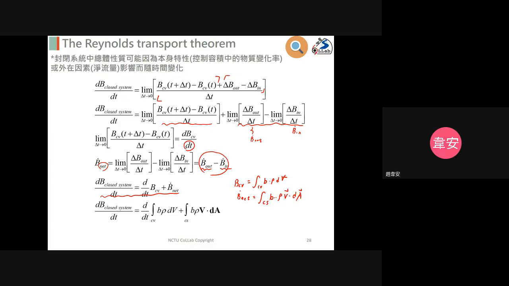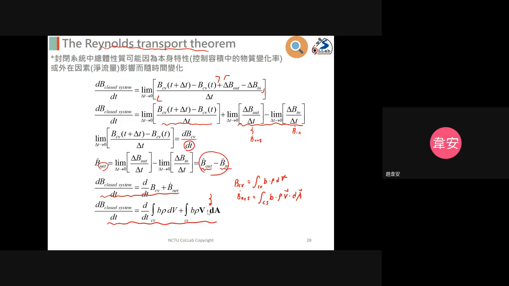Okay, so usually we call that the Reynolds transport theorem.